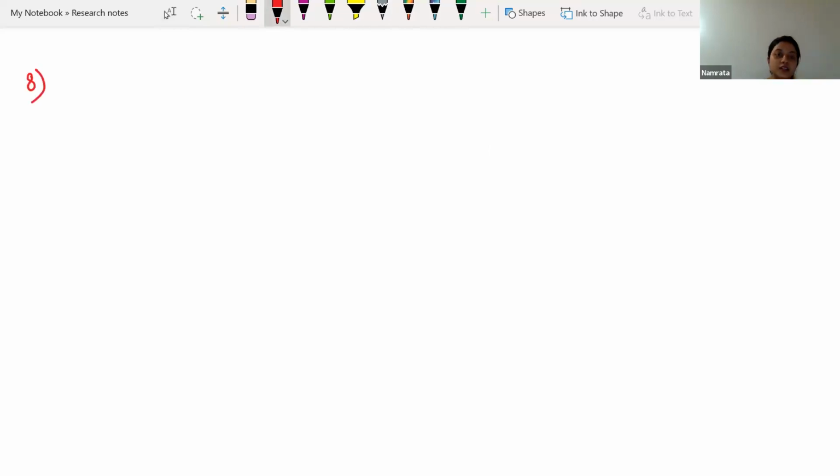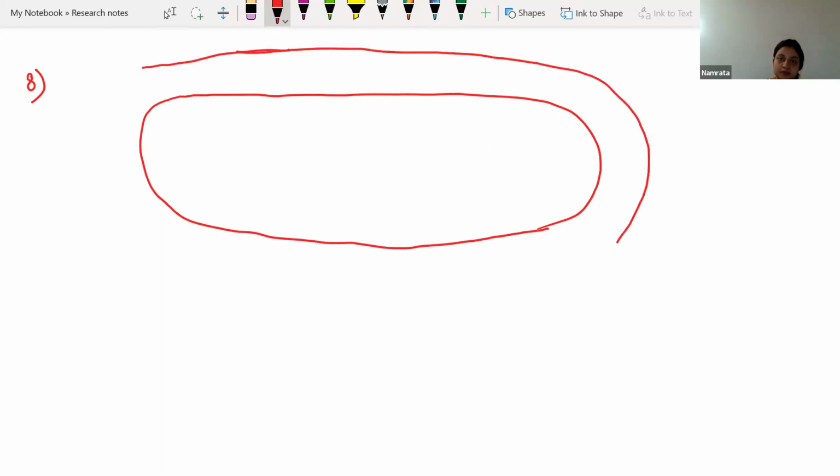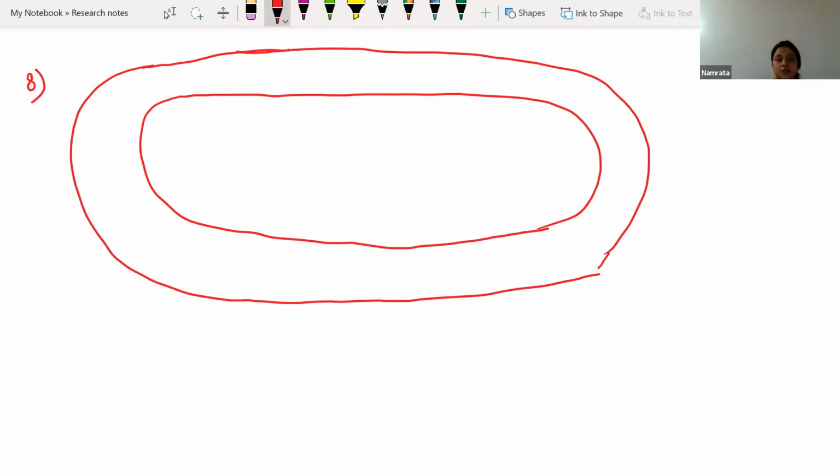Here the figure is like this. So this is somehow how the figure looks, and this is the track.